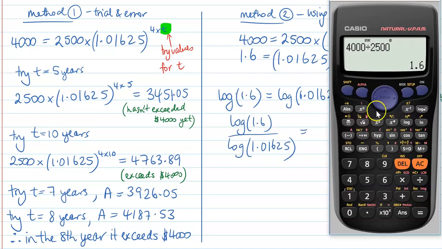I simply enter them into the calculator as they're written. So log 1.6 divided by log 1.01625 and evaluate that. So it's got 29.16.